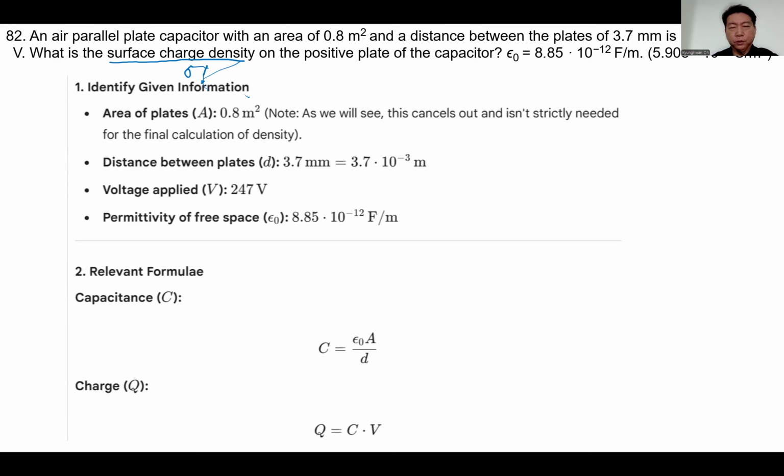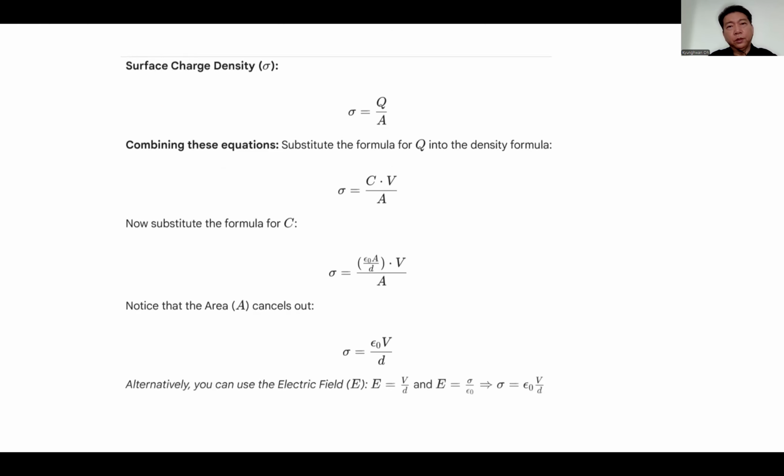Once we know the capacitance, the total charge accumulated on this parallel plate is Q and minus Q, and is given by Q equals C times V. And then our surface charge density is going to be Q divided by the surface area A. And then we know what the capacitance is for the parallel plate, and then we can find out this one. Okay.